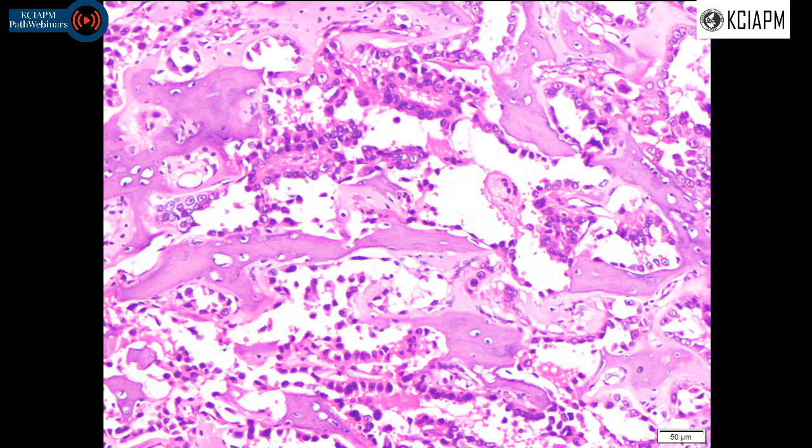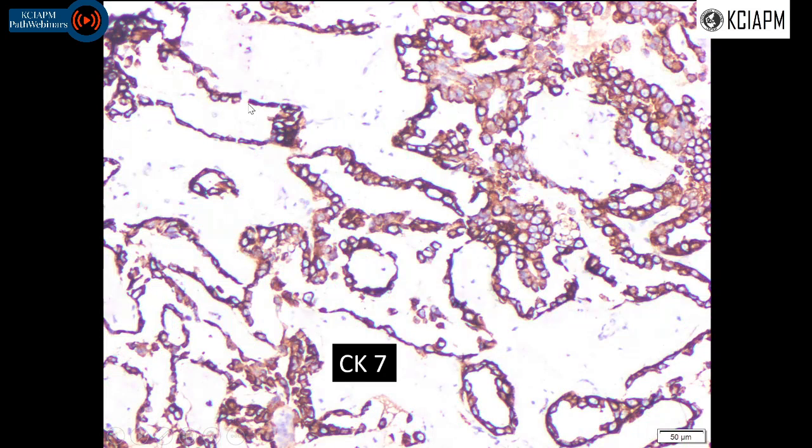So we went back to this case to see that some of the cells are very pleomorphic and they seem to be like a fibrovascular core, something like a papillary fashion. So is it epithelial? That was the feeling that came to your mind amidst so much bone being produced by this tumor.